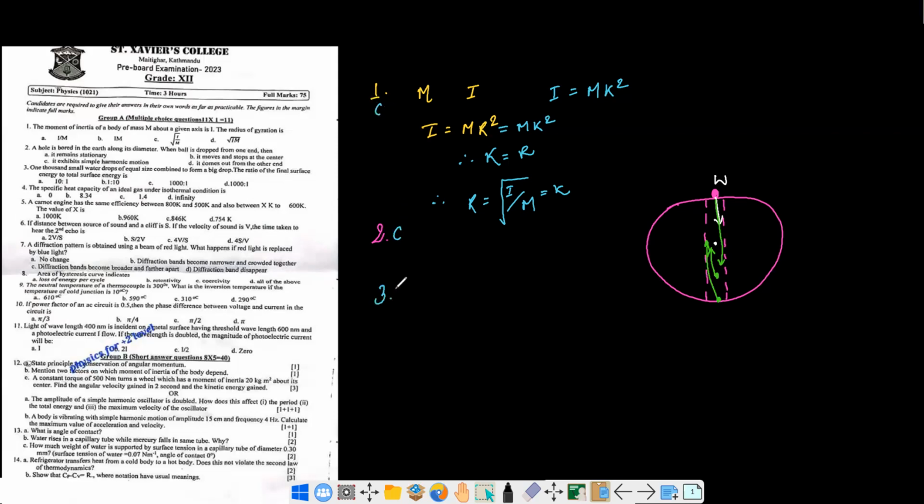So let us look at question number 3. 1000 small water drops of equal size combine to form a big drop. We have to calculate the ratio of surface energy.